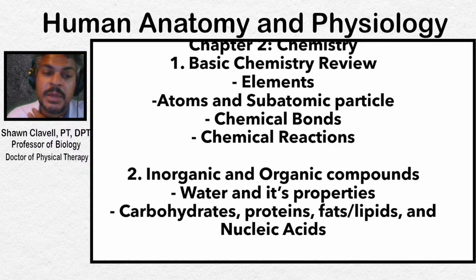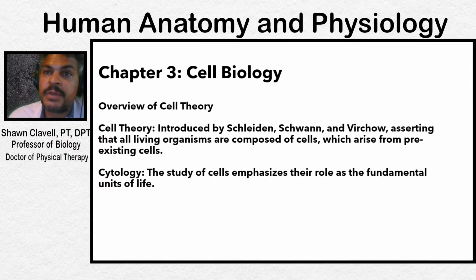Chapter 3 is when we take a look at cell biology, so some of that 181 material that we review here. Chapter 3 is a basic overview of cell biology. So thinking about things from cell theory: all living things are composed of cells, and they arise from pre-existing cells.